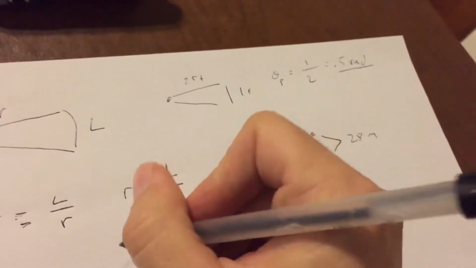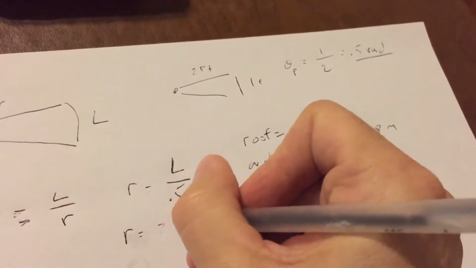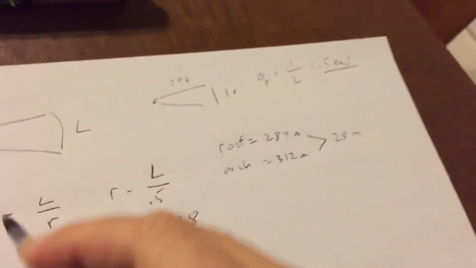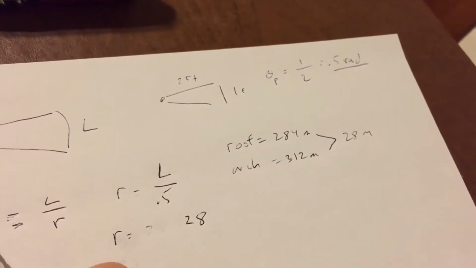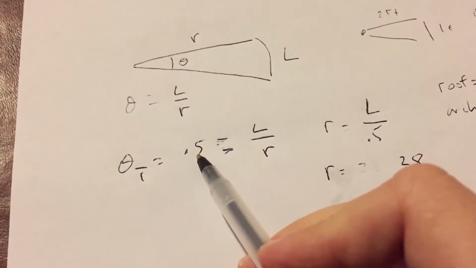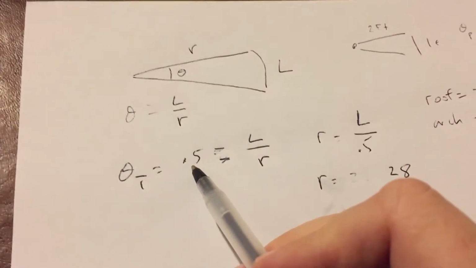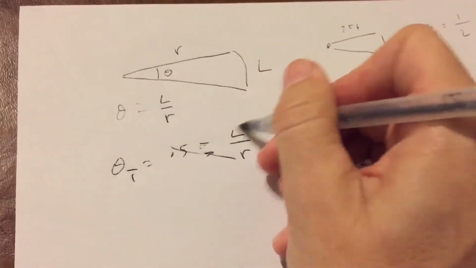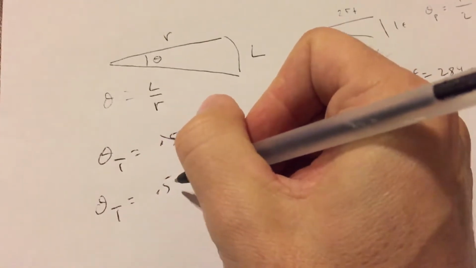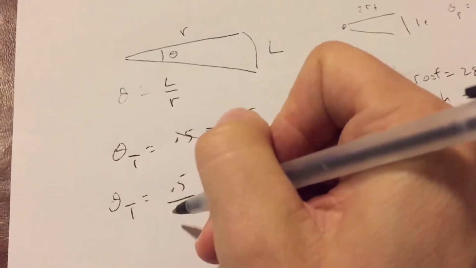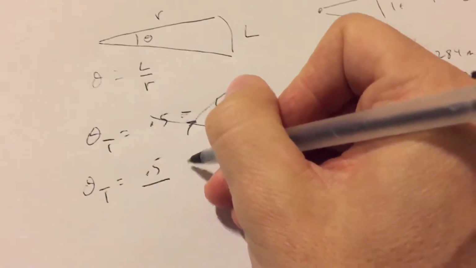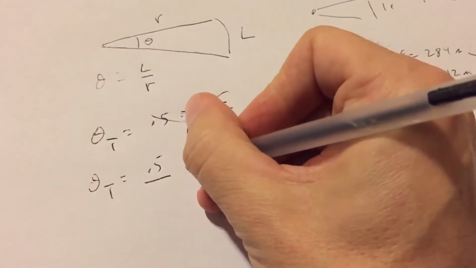So then r, the distance to that is going to be 28. Oh wait, I didn't finish this. That's 0.5 centimeters. But I need to get actually the ratio, this is wrong. So theta t is going to be 0.5 centimeters divided by the total length of the picture times the angular width of the picture, which I already said was 0.5.